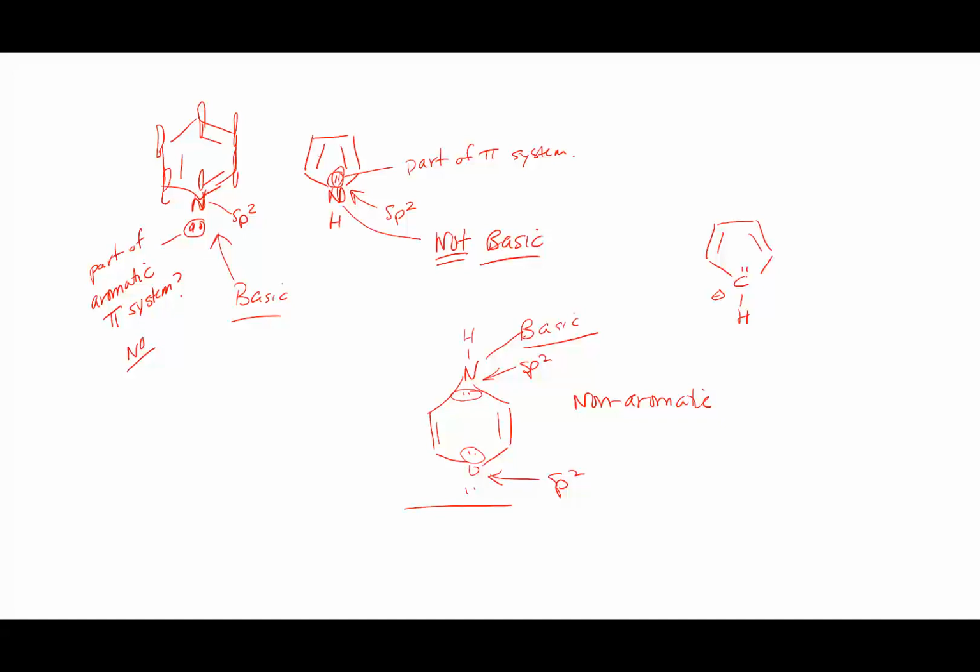So that's going to happen in something like the cyclopentadienyl anion. That carbon having the lone pair is what makes it negatively charged. And then for that one, what would happen?